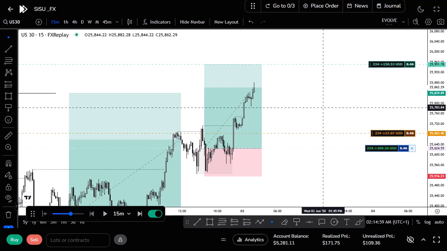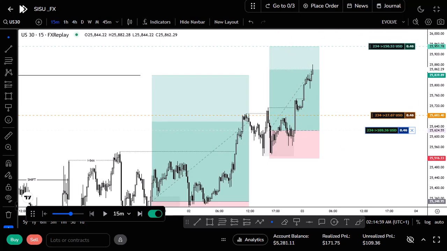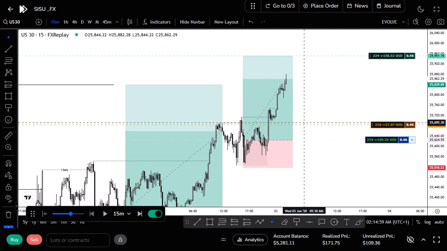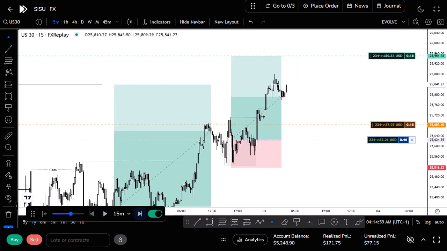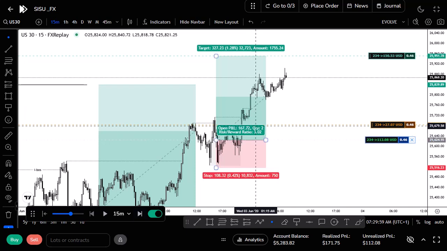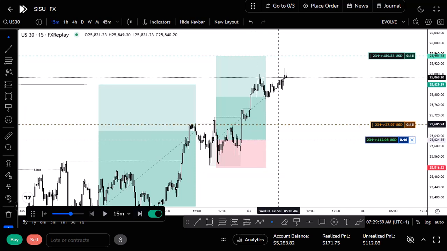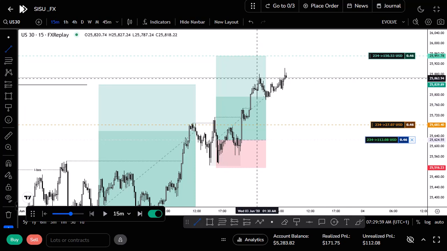Now I have my first trade being a winning trade, my second trade being a break-even trade. So I have no reason to panic, just allow price to do its thing. Since price swept liquidity below here, this is just management. It's a silly management, but it is fine.